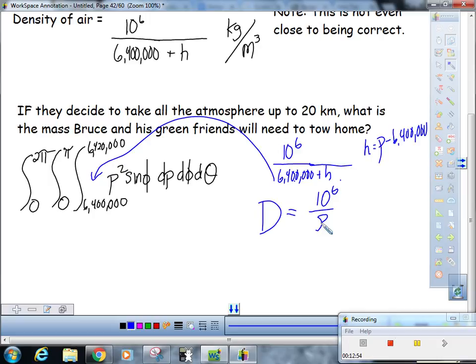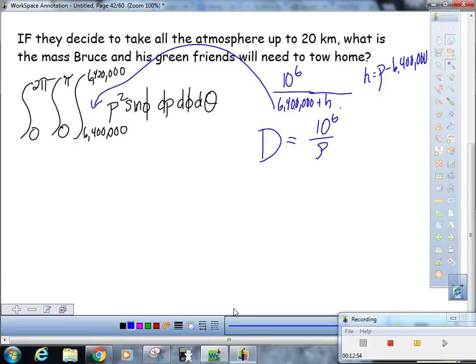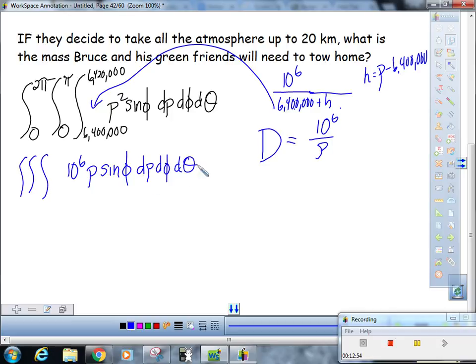So now, when we put that in there, what's that going to do to our rho squared? It's going to cancel it, so we're going to end up with, and I'm going to stop writing the bounds on the integrals because it'll take too long, but I am going to go through and do this calculus. We end up with a triple integral of 10 to the 6th rho sine phi d rho d phi d theta, okay?